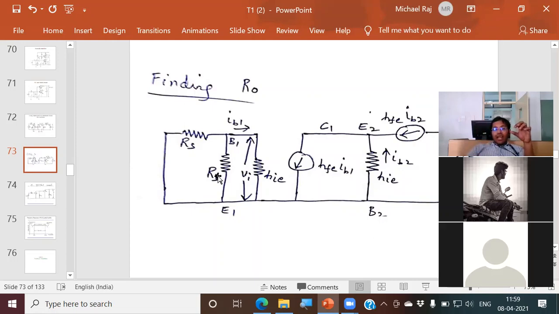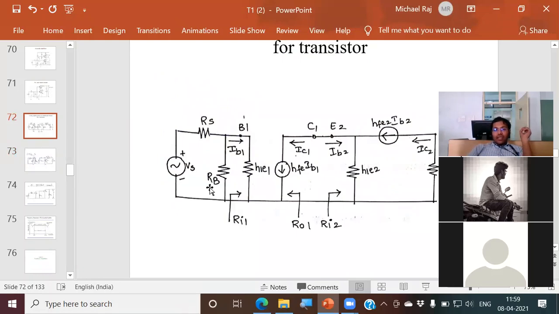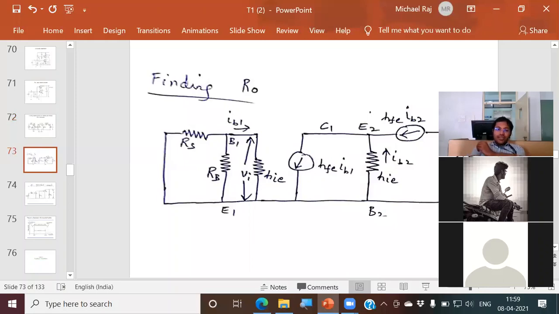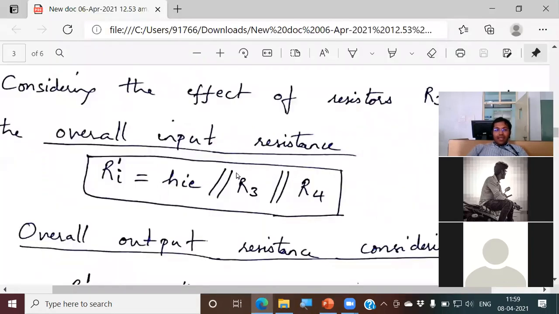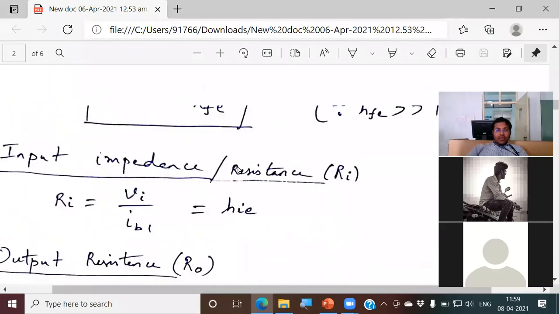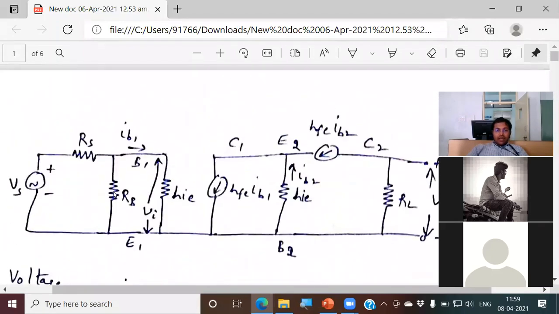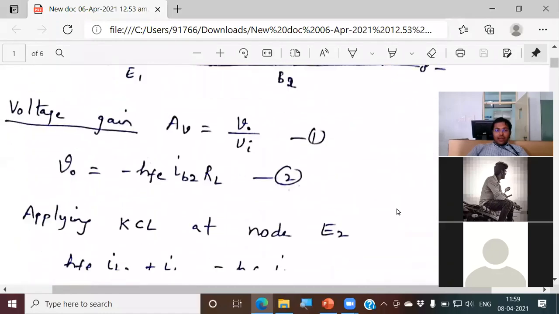To that we then add the role of RB, which we calculate separately, and the role of RL, the load resistance, which we also calculate separately. This is the standard process, most authors do that, so we are doing the same. Now we will see the effect of RB and then RL. Your circuit also has RB, and it also has RL.